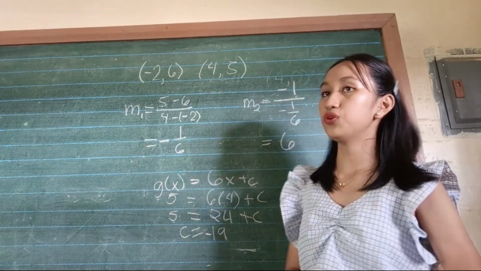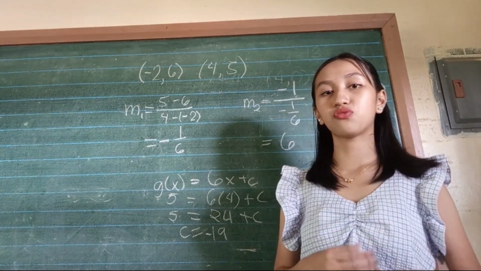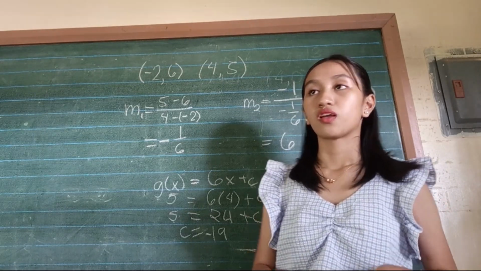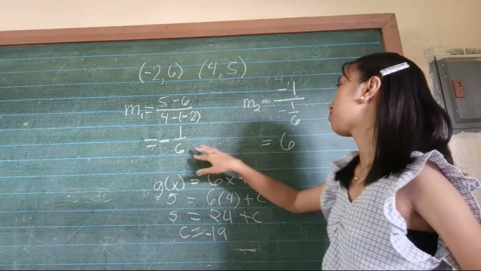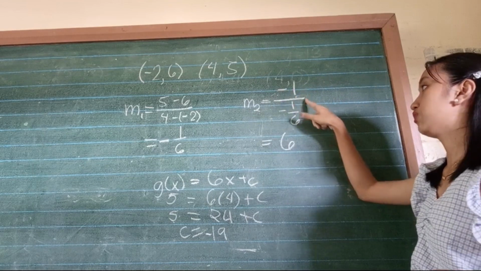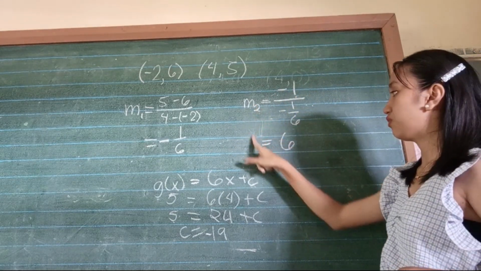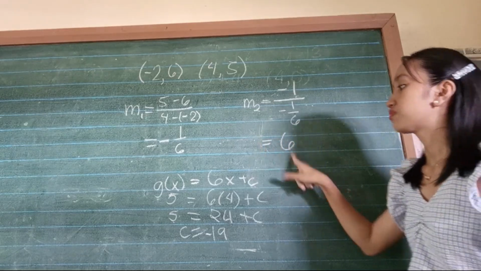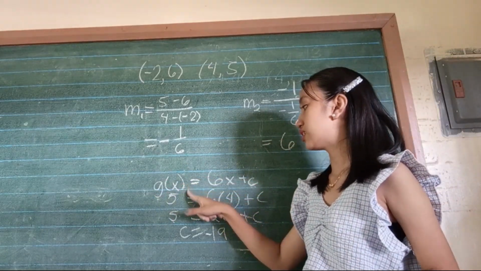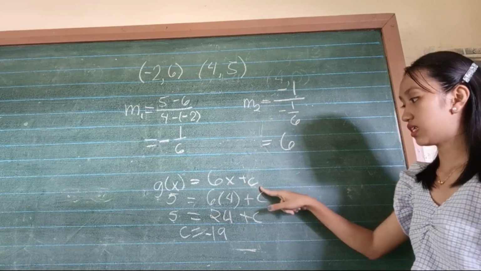And then we have to find the negative reciprocal of this slope. We have negative 1 over negative 1/6, so we have the slope 6. And then g of x is equal to 6x plus c.